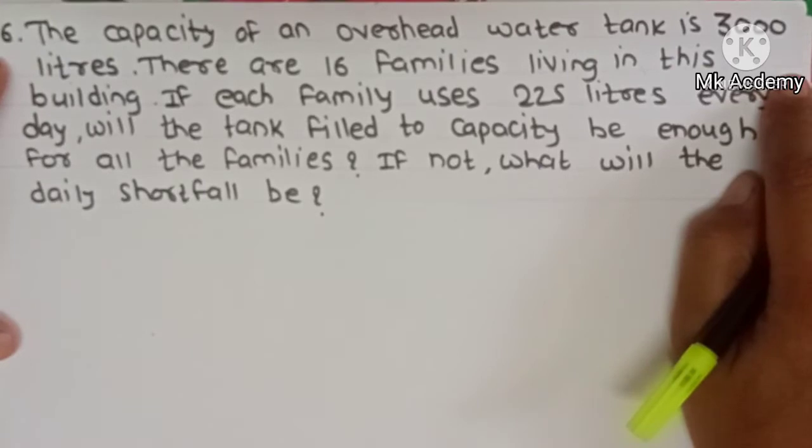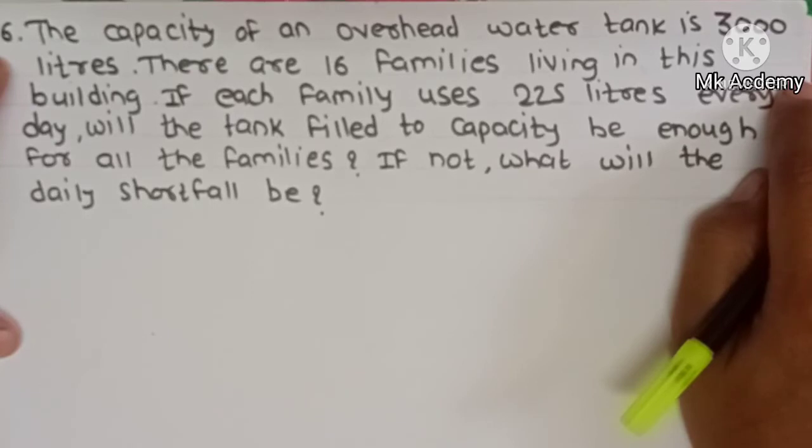The capacity of an overhead water tank is 3000 liters. There are 16 families living in this building. If each family uses 225 liters every day, will the tank filled to capacity be enough for all the families? If not, what will the daily shortfall be?